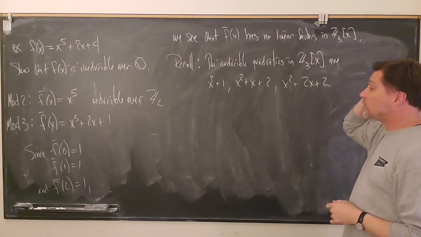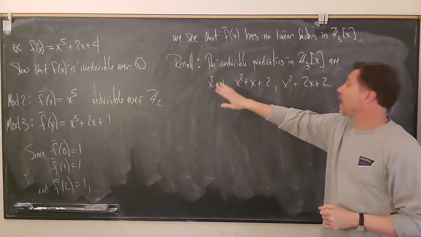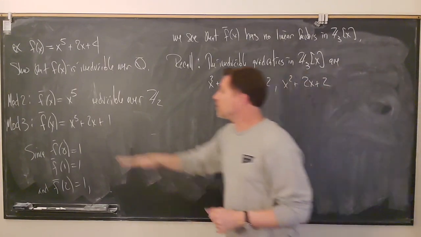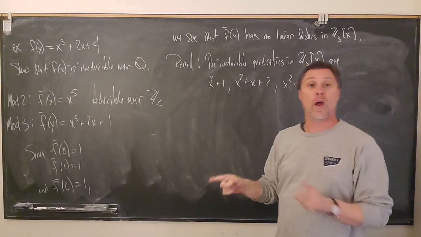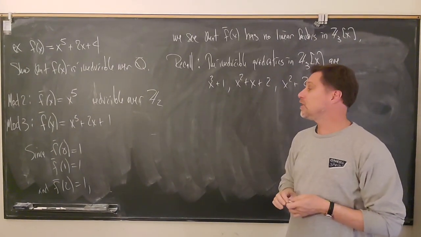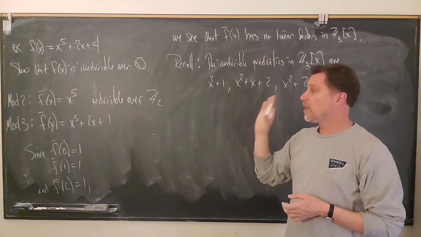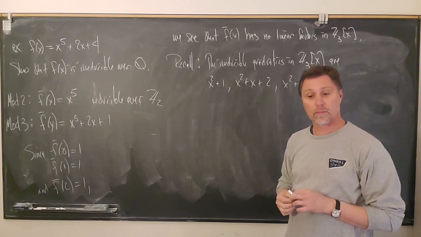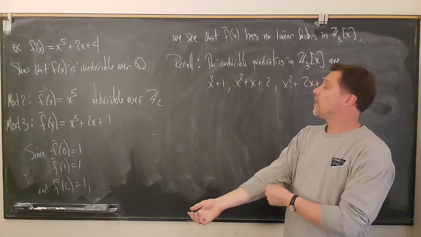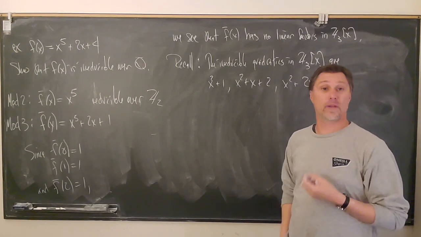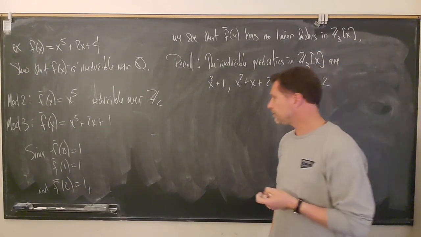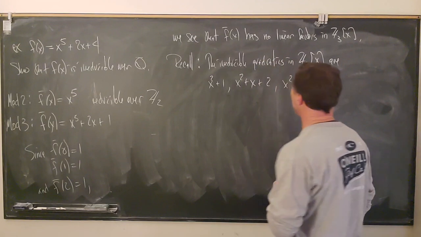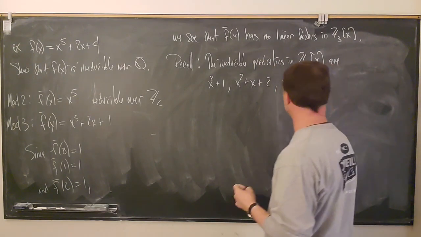So what we need to do is long division, divide each of these 3 into this polynomial. If we can show that none of them divide cleanly into it, then we can conclude that f bar is irreducible over Z3, and that will then lead to the conclusion that the original f is irreducible over Q. And so I'm just going to pick one of them.